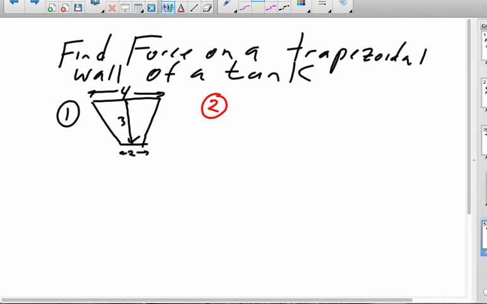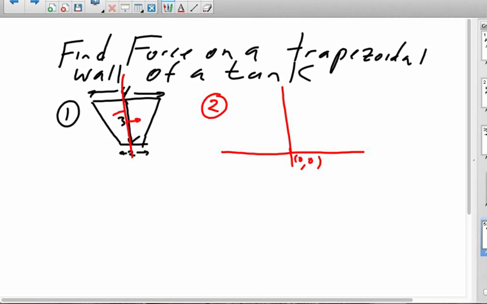And what I want to do is bring this thing straight down the middle, because I notice I have symmetry on either side here. So my coordinate system is going to look like this, and I'm going to have my 0 at the bottom of it. So here's my origin, 0, 0. And I'm going to draw my tank in, so I go over 1 here, 1 here.